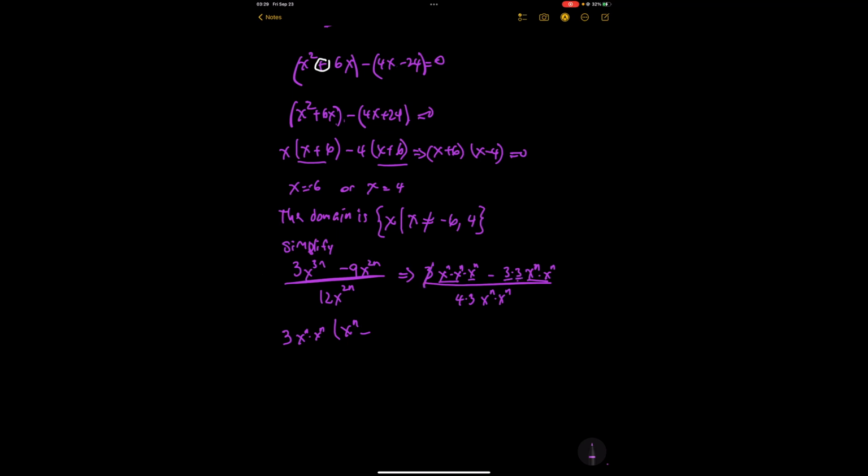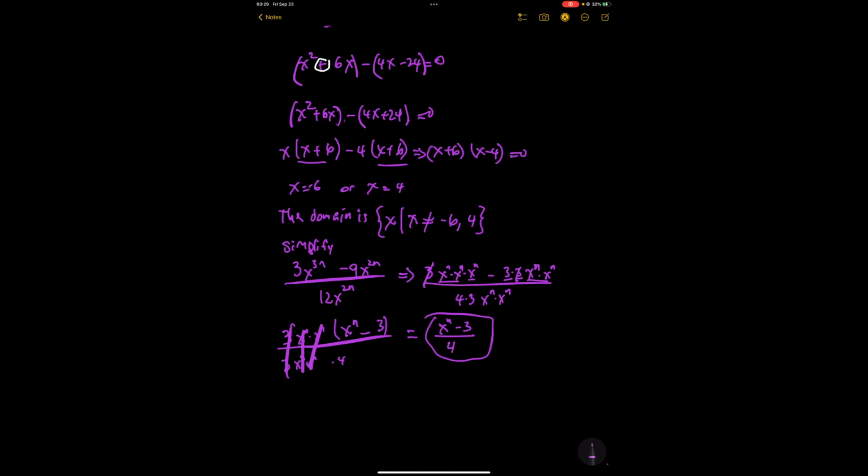So this 3 is gone and that 3 is gone, so we have only one 3 up there. On the bottom we have a 3, an xn, an xn, and a 4. So now we can cancel these, and we are left with xn minus 3 over 4. And that is your answer.